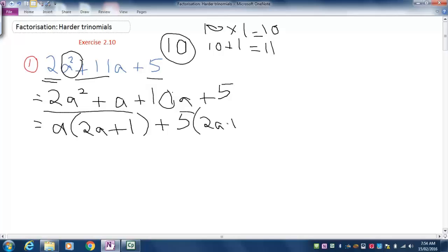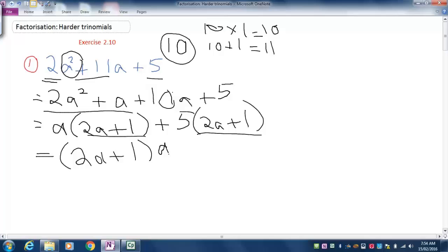So we should notice here that we have a repeated factor, which means we now can put this into brackets. 2a plus 1 times a plus 5, all in brackets. So that's how we factorise that first one.